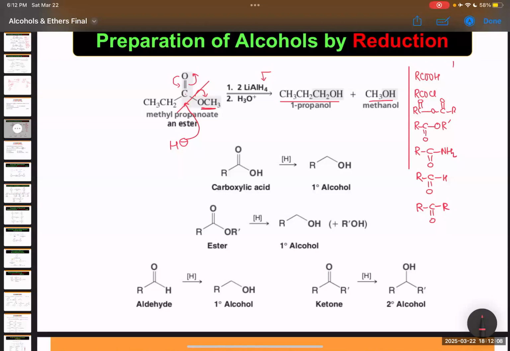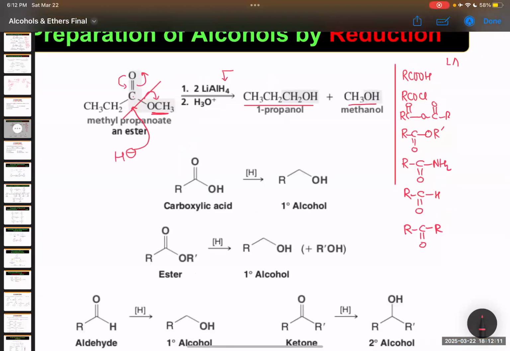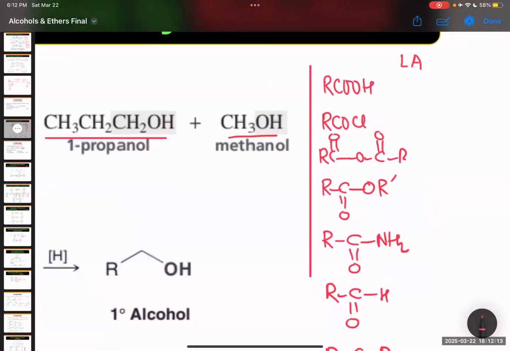You have LAH, whose full form is lithium aluminum hydride, LiAlH4, and SBH, sodium borohydride, which is NaBH4. So LAH being strong, it will reduce. Sodium borohydride will not reduce.